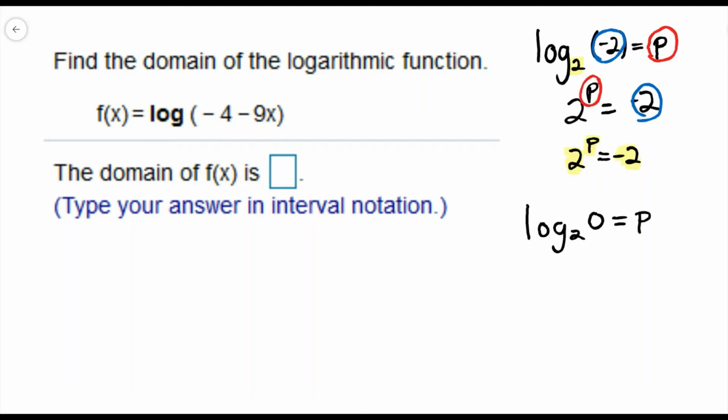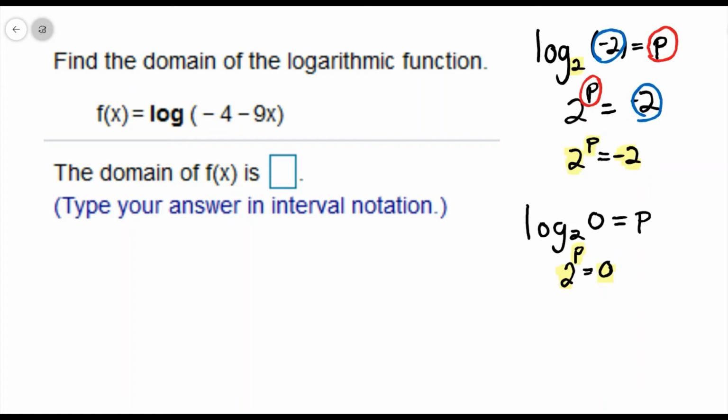Let's rewrite it as an exponential to give us 2 to a power equals 0. We know that we can't take a positive number and raise it to a power and get an answer of 0. So logs are undefined for negative values and for 0.